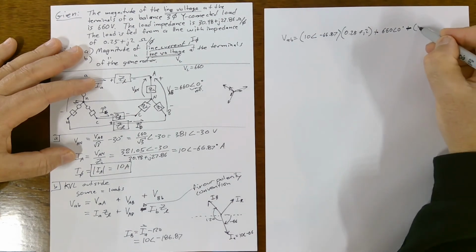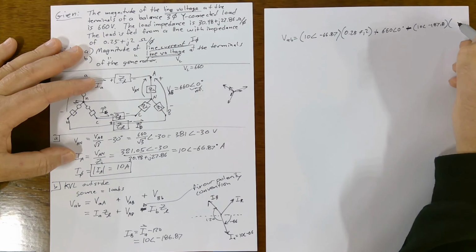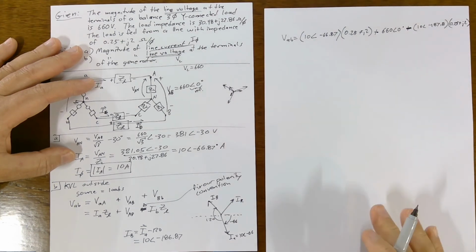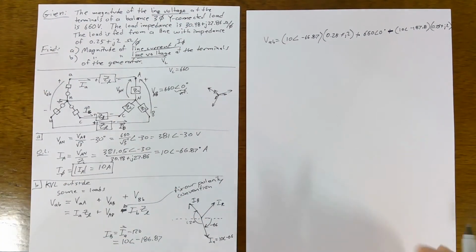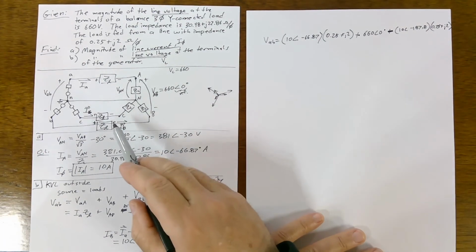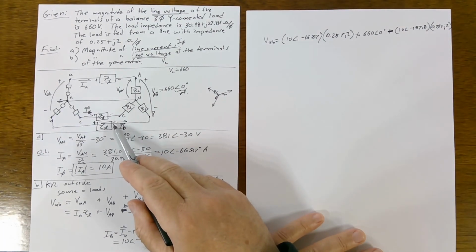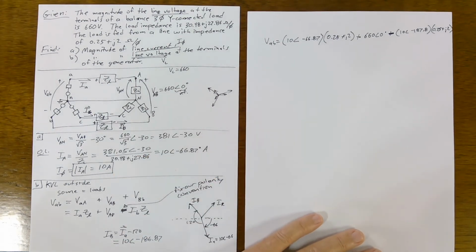So this is 10 angle minus 186.87 times the same line impedance, 0.25 plus j2. Just barely squeeze it in there. Okay. So there's this funny weirdness with this negative sign, which is, I admit, confusing, but watch out for that.